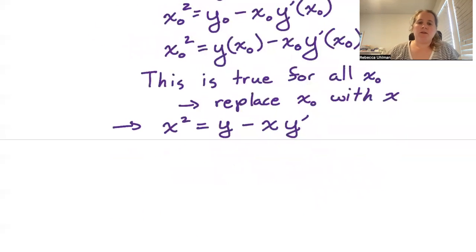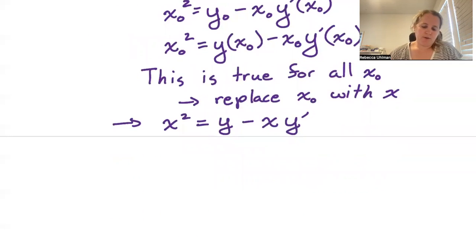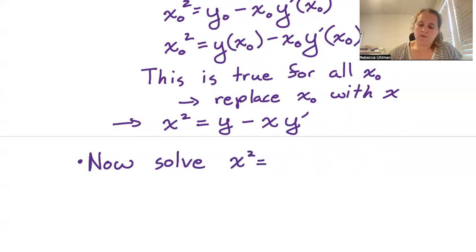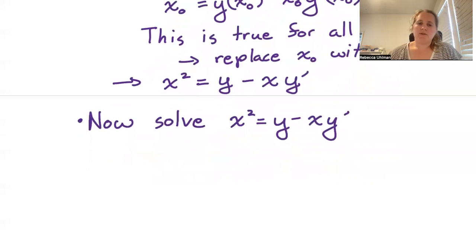So our job from here now is to solve the differential equation. So now solve x squared equals y minus x times y prime. So the first thing I want to do is just rewrite this in general form.